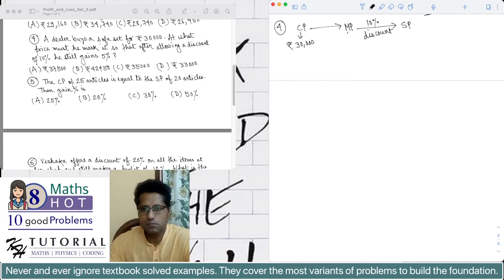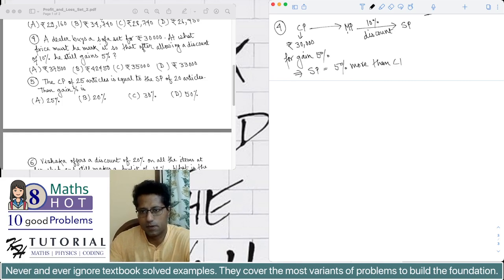So for a gain of 5% will imply the selling price has to be equal to 5% more than CP, cost price. 5% more than CP means 100 plus 5 divided by 100 whole multiplied by CP.